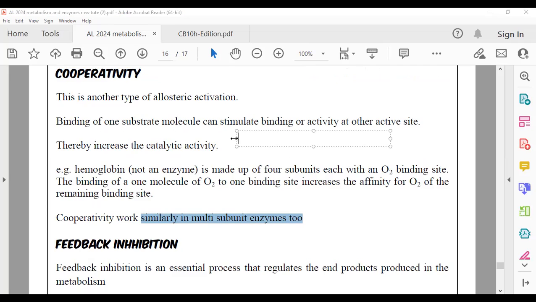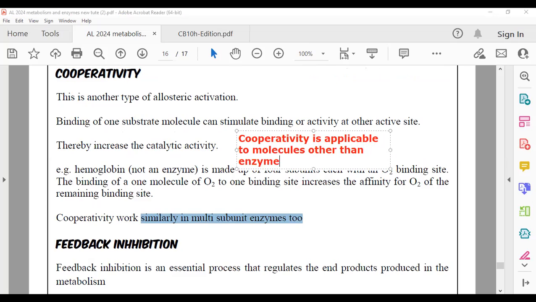What we point out here is that cooperativity is applicable to molecules other than enzymes too. Understood?